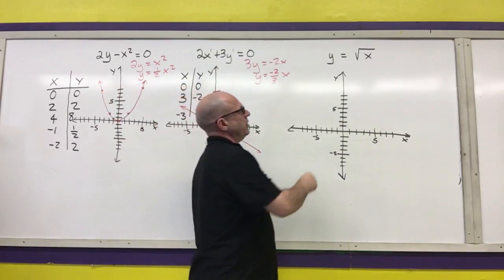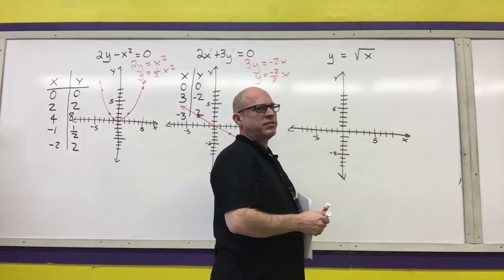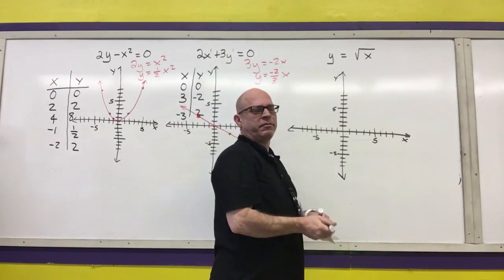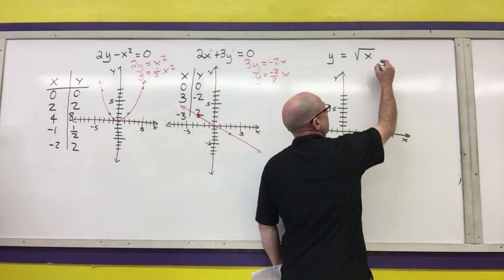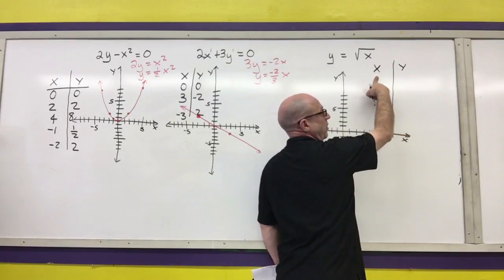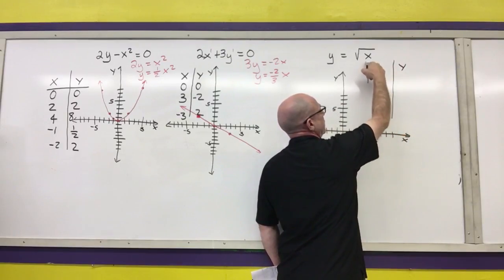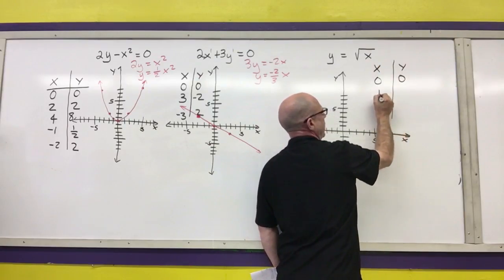Last example is the square root of x. This one is already solved for y, so I want to put in smart values for x so I can get the graph. So here's x and y. Well, I'm going to put a smart number in here, which is 0. The square root of 0 is 0. Put another number in, 1.